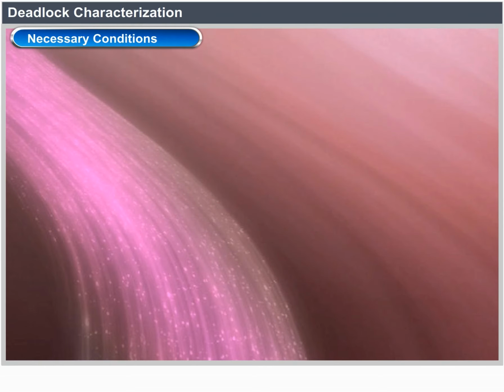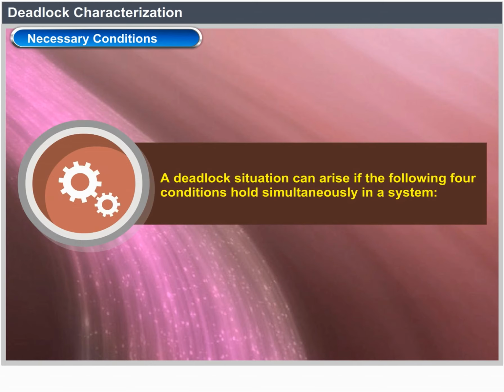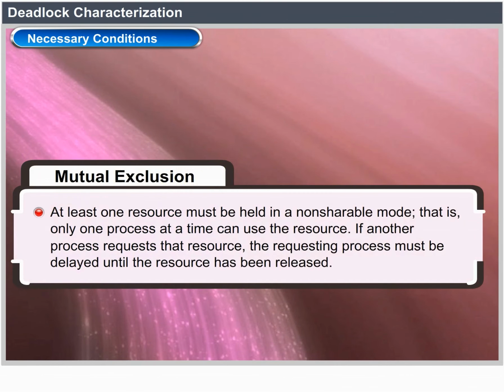A deadlock situation can arise if the following 4 conditions hold simultaneously in a system. Mutual exclusion. At least one resource must be held in a non-shareable mode, that is, only one process at a time can use the resource. If another process requests that resource, the requesting process must be delayed until the resource has been released.